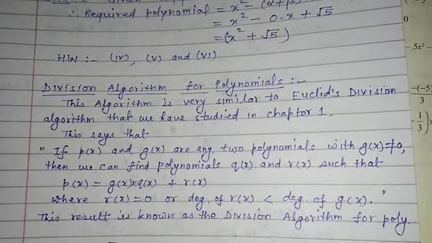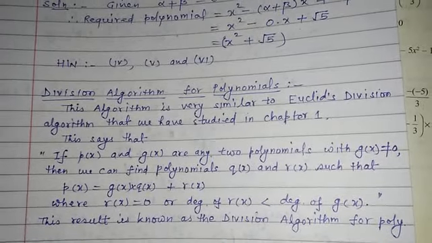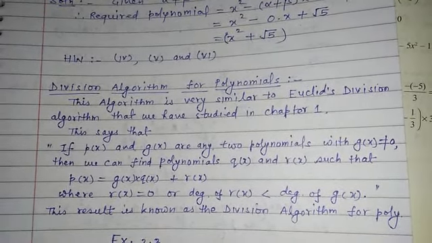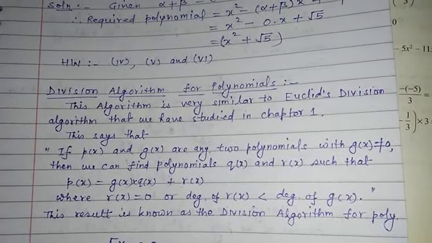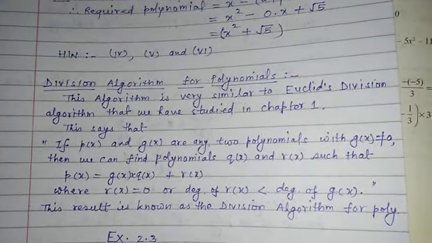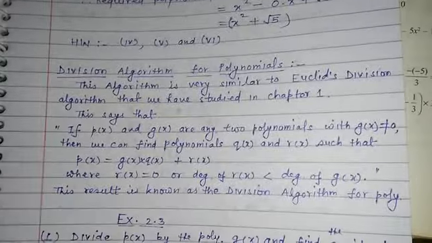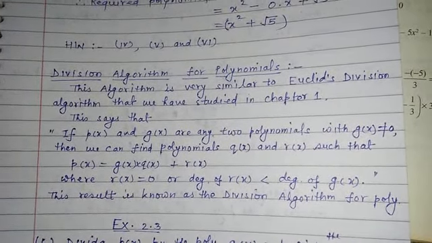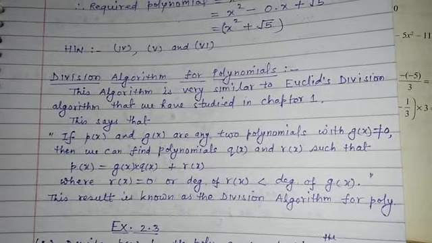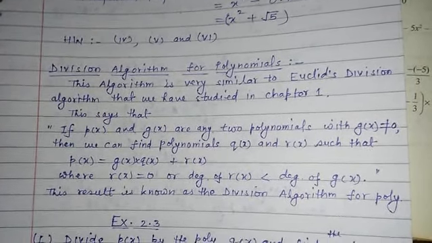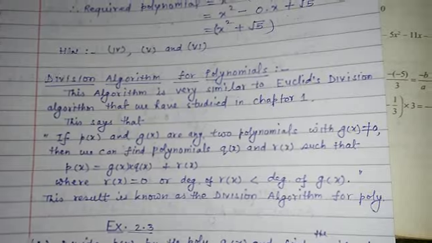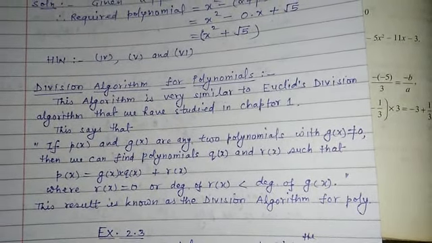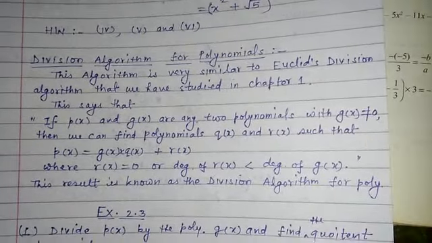The same rule applies here, just like for the division of two positive numbers, that is, dividend equals divisor into quotient plus remainder. The remaining condition is that the remainder r(x) is also a polynomial, where r(x) equals 0 or degree of r(x) is less than degree of g(x), that is, the degree of the divisor.